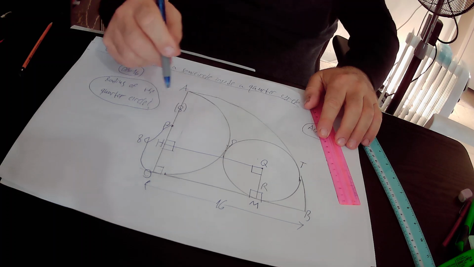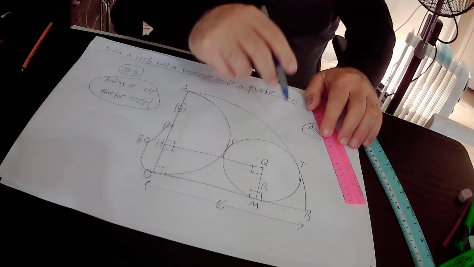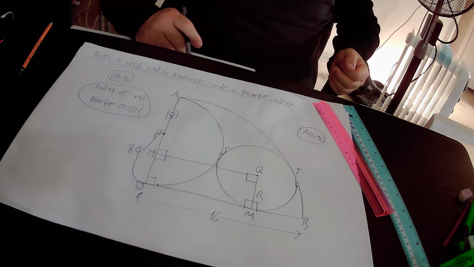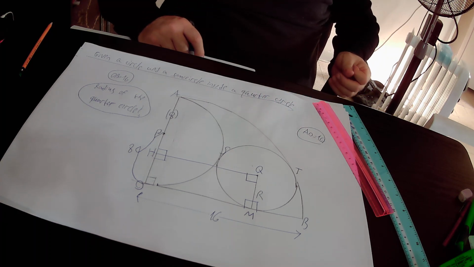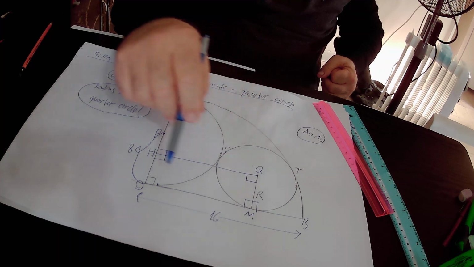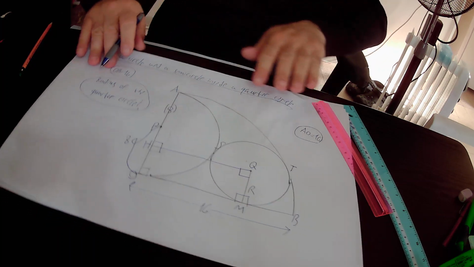So inside quadrilateral HQMO, we have 4 right angles. And according to rule 6, any quadrilateral that has 4 right angles must be at least a rectangle, if not a square. So we relate to this quadrilateral HQMO as a rectangle because it has 4 right angles.